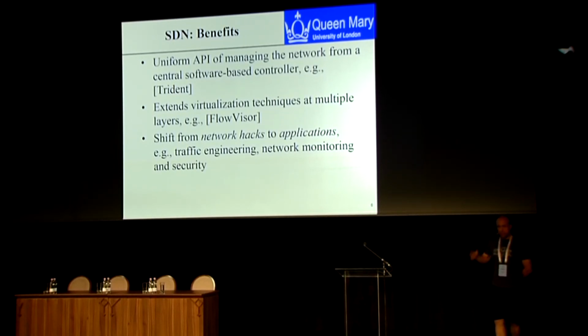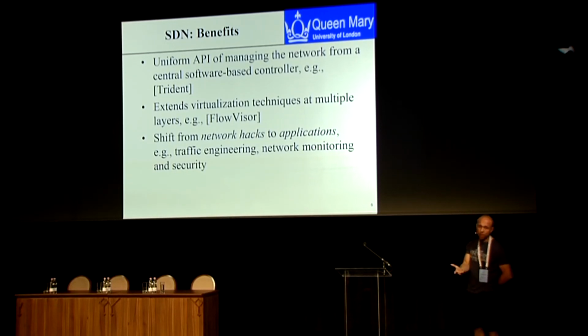Now you logically think in terms of applications on top of the controller, and you say, I'd like to do this. This is what I'd like to implement or have on the network. And then the controller will have to have an API or a module that knows how to translate that into how you handle the network, but in a way that will hopefully be consistent in terms of the management of the different devices.